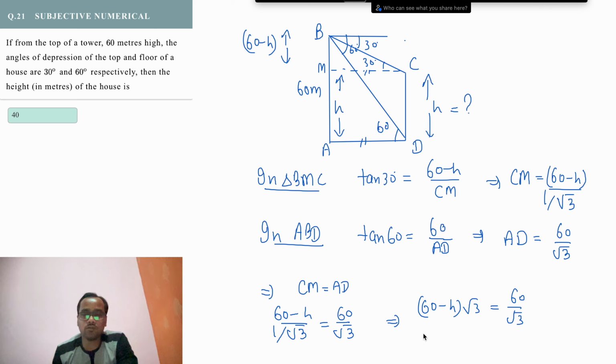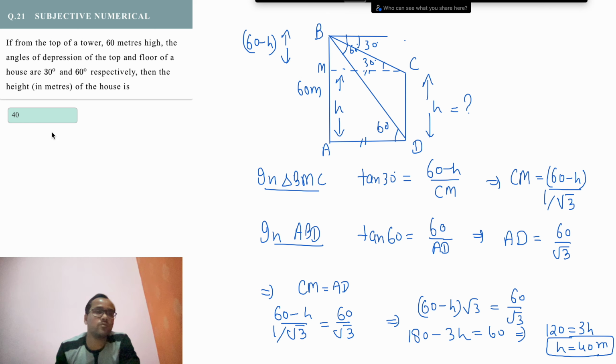So that will give you 3. Root 3 into root 3, 3. So 60 into 3, 180 minus 3h is equal to 60. So 3h will be equal to 120. So h is equal to 40. So the answer for this question will be 40 meter.